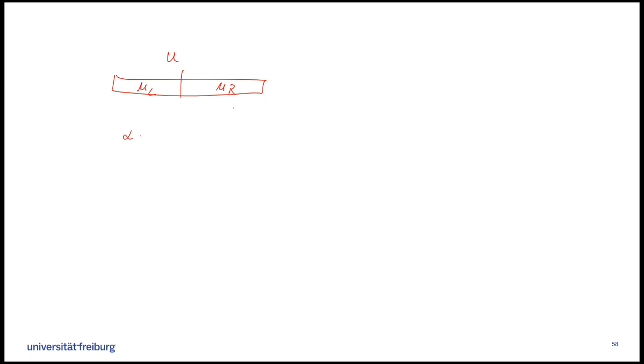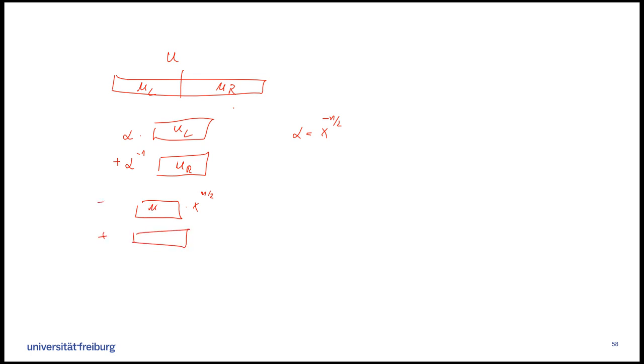So this is alpha times the new vector, which is half the size, UL plus alpha to the minus 1 of UR. Now, if alpha is equal to x to the n half, I get minus n half: UL times x to the n half plus UR times x to the minus n half.